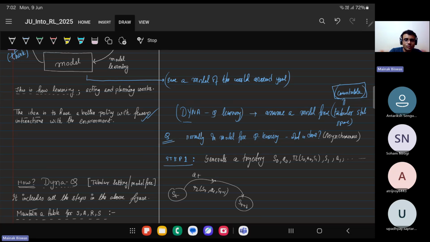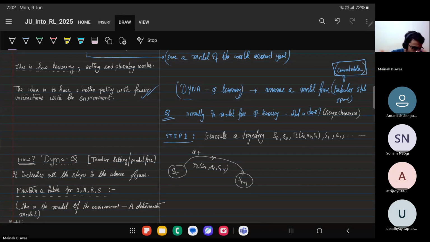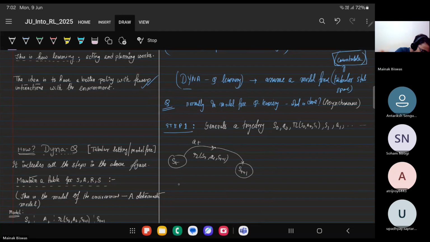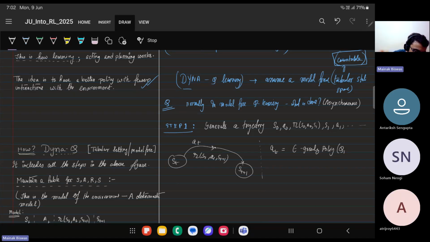Once I have this, first of all, in Q learning, AT is selected by an epsilon greedy policy over the Q value function of S comma A. You know what an epsilon greedy policy is?